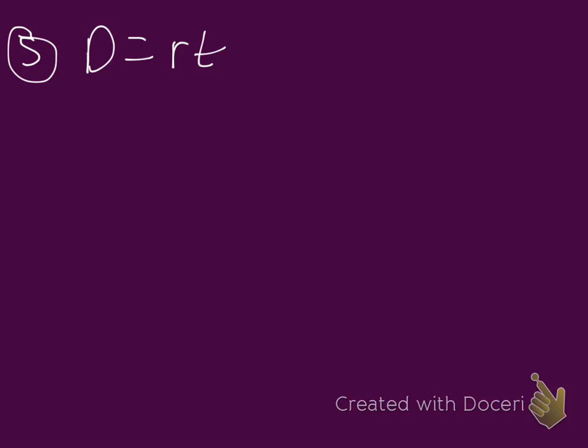Distance equals the average rate times the time. So, because of this awesome rule, guess what? n is equal to dn dt times t.